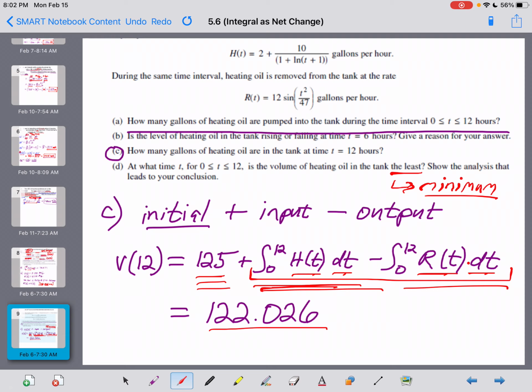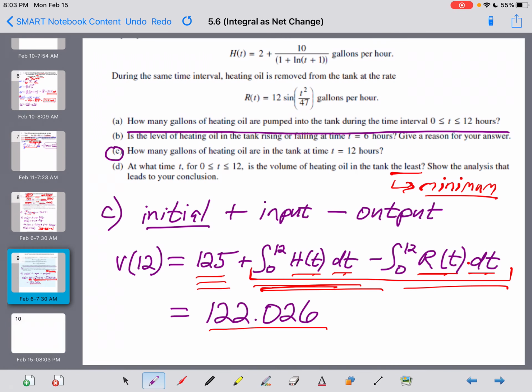And it says show the analysis that leads to your conclusion. So now what we need to do is go back to something that we were doing in chapter 4 and talk about where a minimum value of a function can possibly occur. And what I'm hoping you guys remember here is that a minimum can occur either at critical points or at endpoints. So we've got a little bit of work to do right here.